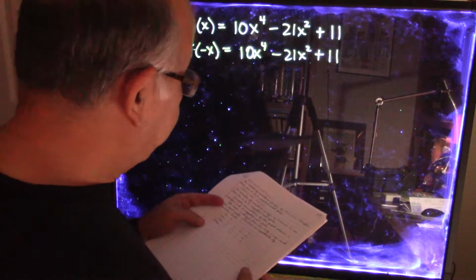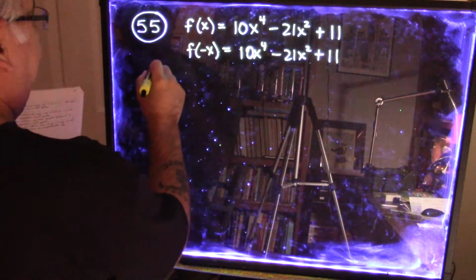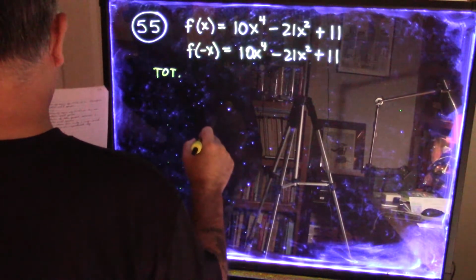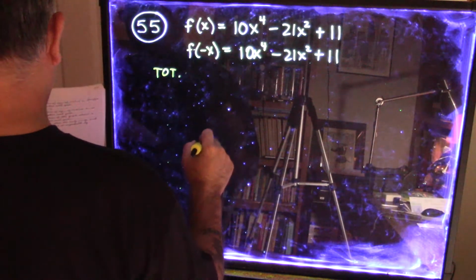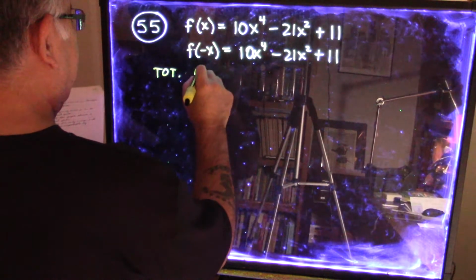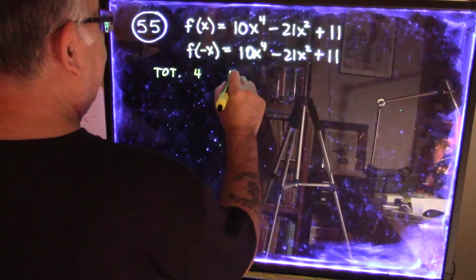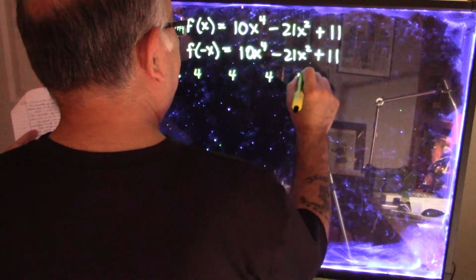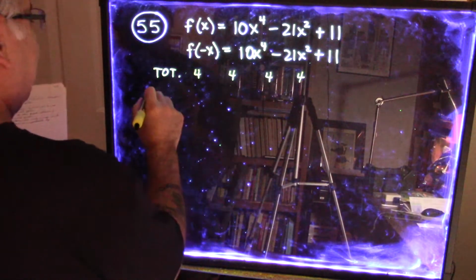Now let's make a table. This table will be the same as our previous table in the last problem we did. So if you want to fast forward through this part, you'll know what's coming.